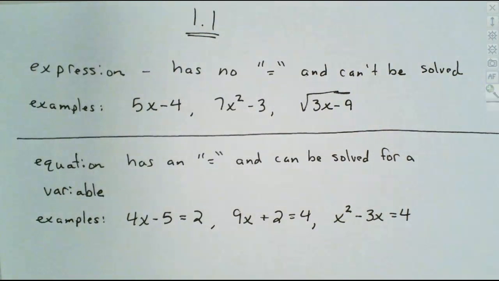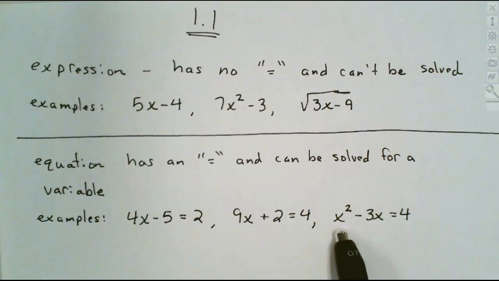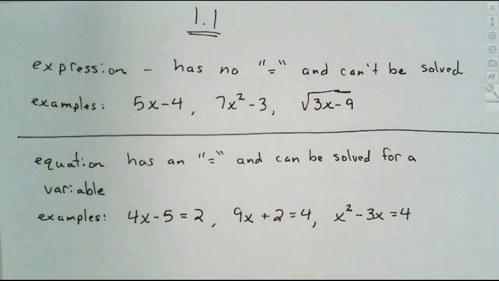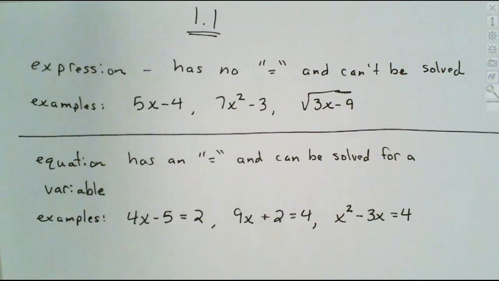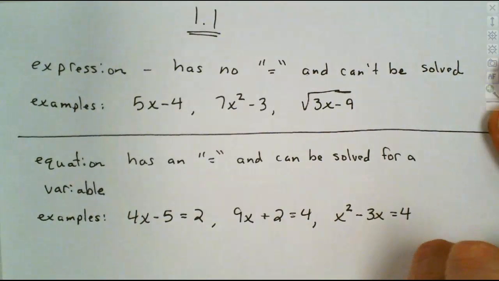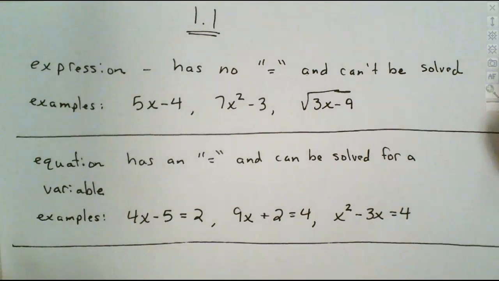That's another example of an equation, and we can solve that. Now the last one, you may or may not have a lot of experience solving these. The first two, though, you should probably be already familiar with. Move variables around and solve them. So that's the difference between an equation and an expression.